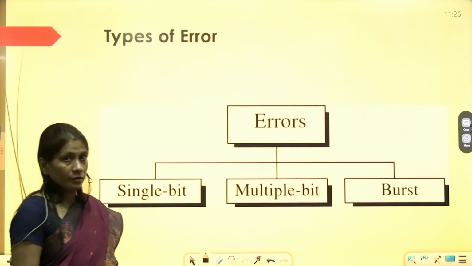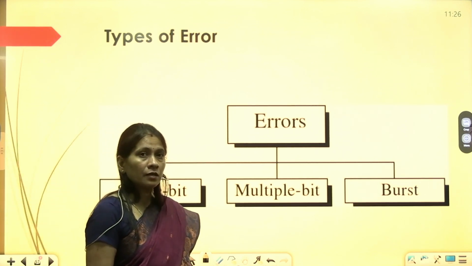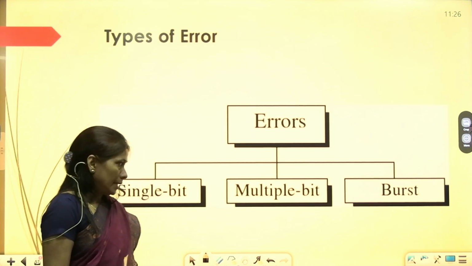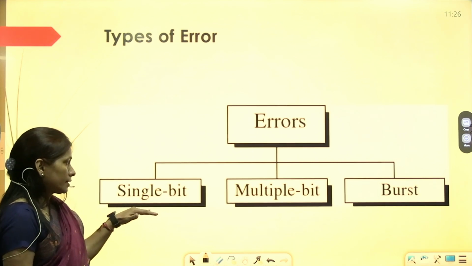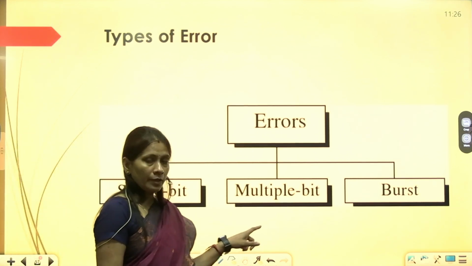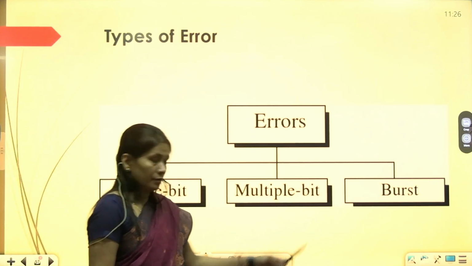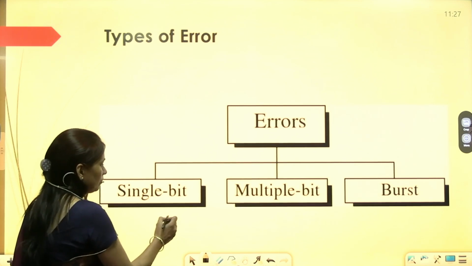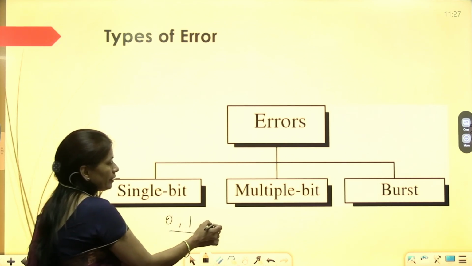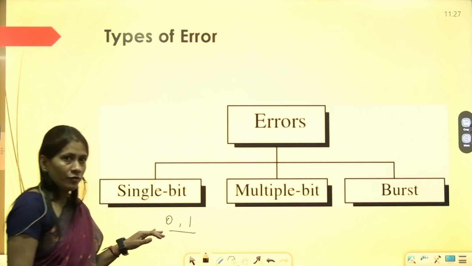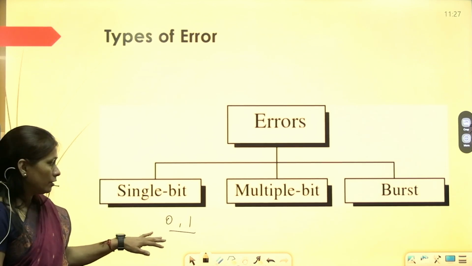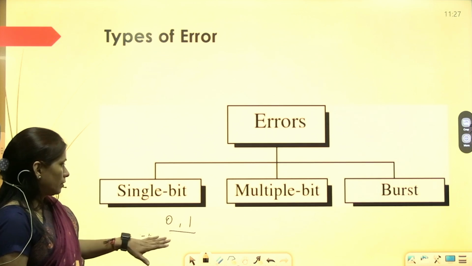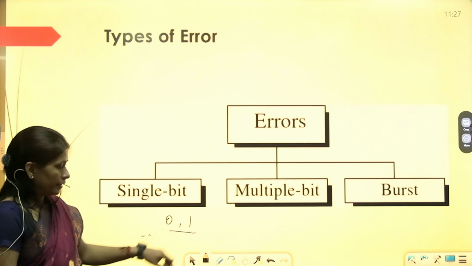Types of error. Three types of error occur in the message: single bit error, multiple bit error, and burst error. Computer works on 0 and 1. No variables and alphabets, numericals are not allowed. Computer understands the 0 and 1 language.